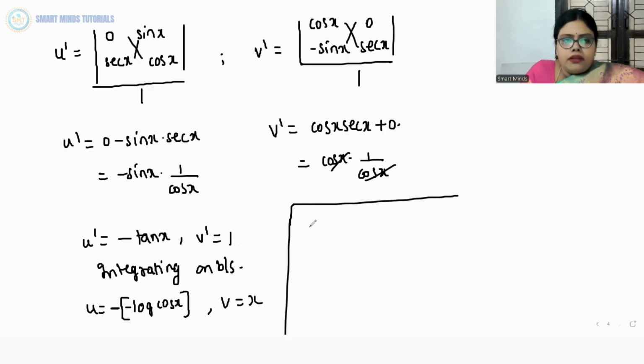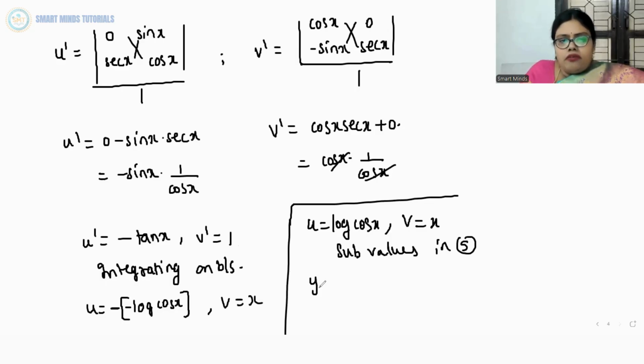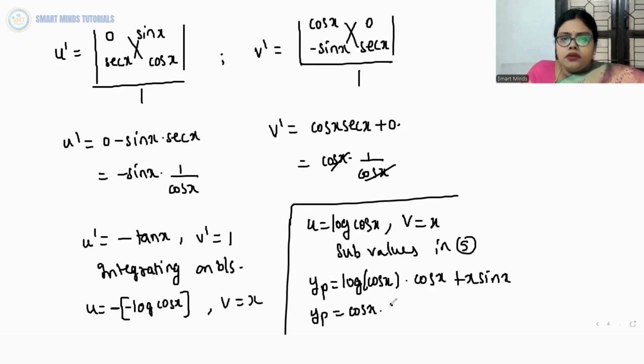So you will get u is equal to log of cos x and v is equal to x. Now substitute these values in equation number 5. So you will get yp is equal to log of cos x into cos x plus x sin x. So yp is equal to cos x into log of cos x plus x sin x.